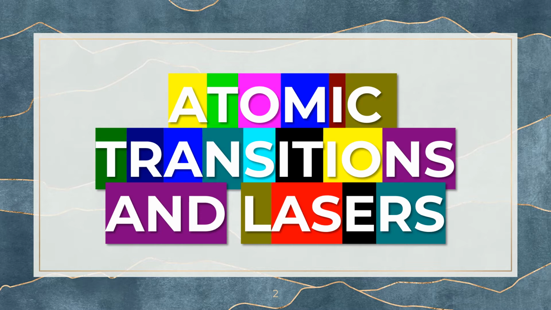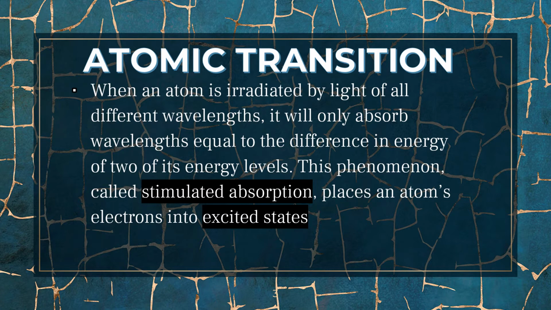Furthermore, electron transitions cause the emission or absorption of electromagnetic radiation in the form of quantized units called photons. So first, absorption, spontaneous emission, and stimulated emission are three related energy conversion processes. This time I will discuss first the stimulated absorption.